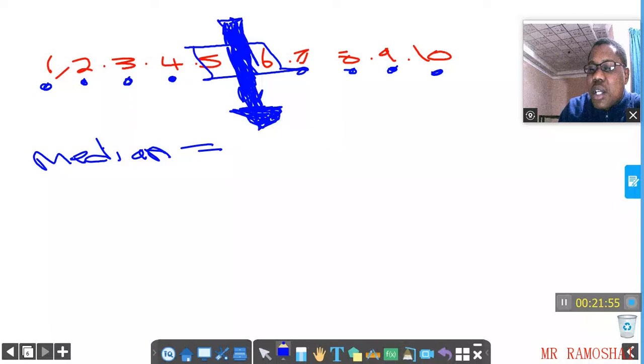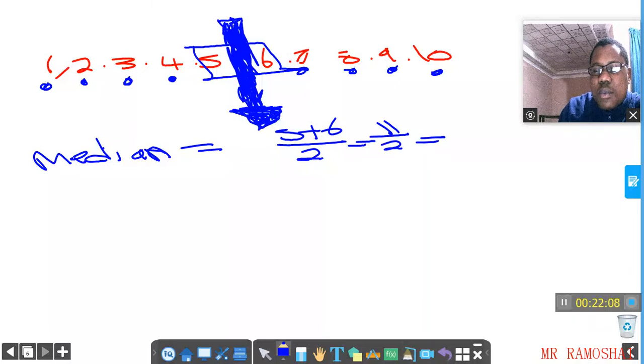We have to calculate the average of those two numbers, 5 plus 6. So how many numbers are here? They are 2. So this equals 11 divided by 2, which equals 5,5. That means now the middle number here is 5,5.